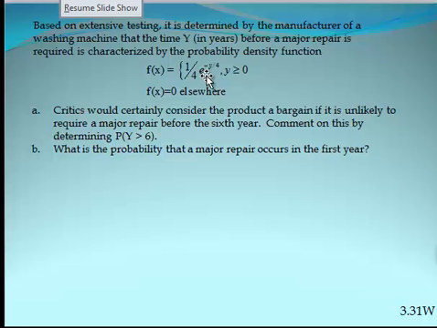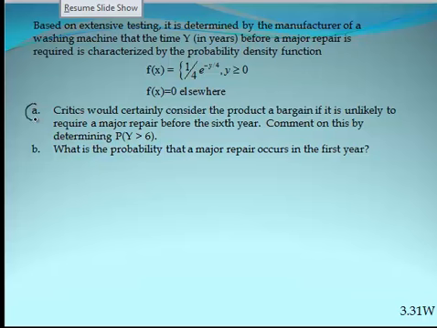So integrating from 0 to whatever the time is, this is the probability density function, so integrating it will give you the actual probability that a major repair would be required by the time it hits that end point.